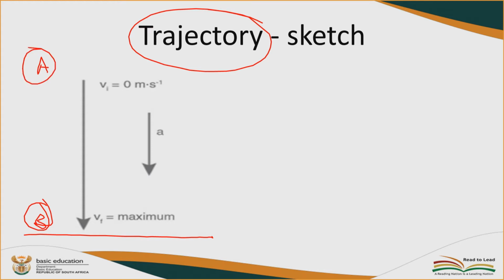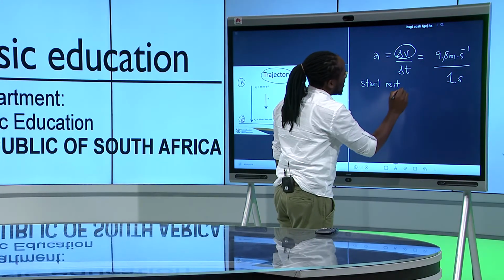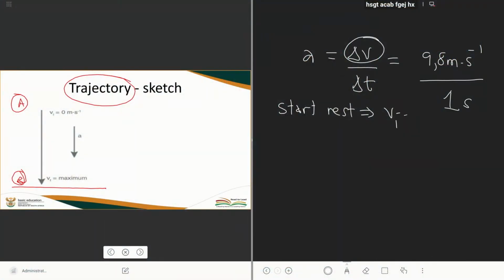So if it is dropped, this object will start from rest, right? This is not new from grade 10, meaning that the initial velocity of the object is 0 meters per second. Now if it's moving faster and faster, it means our acceleration is constant.